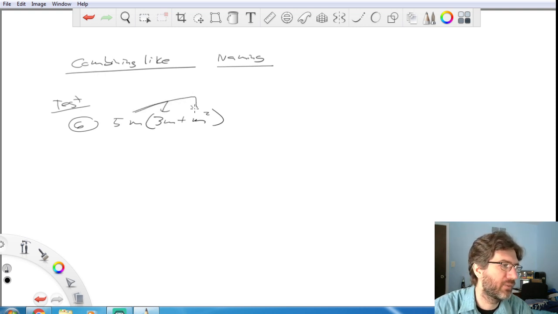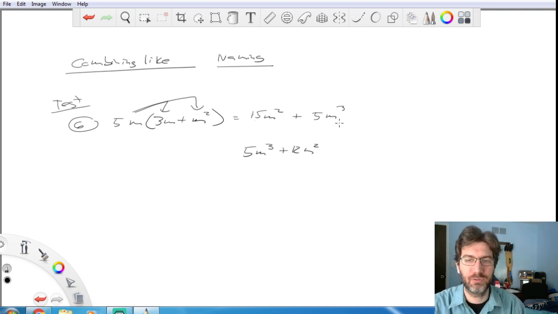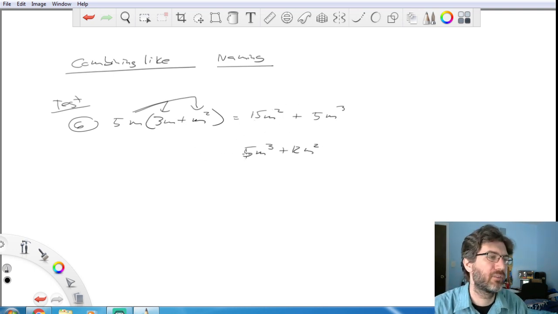So 5m times that and 5m times that is going to equal 15m squared plus 5m to the third. It really should be written in standard form. So this here is the correct answer, even though it's the same thing. If you flip those around, I didn't take off points, but just keep in mind, put things in standard form. So highest degree monomial first, followed by the others.